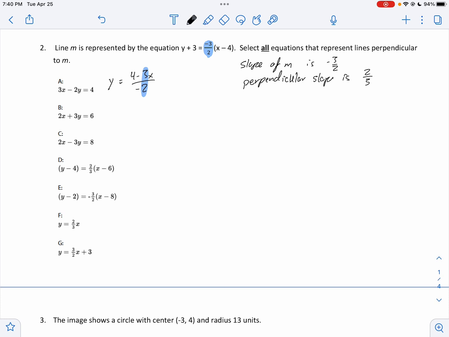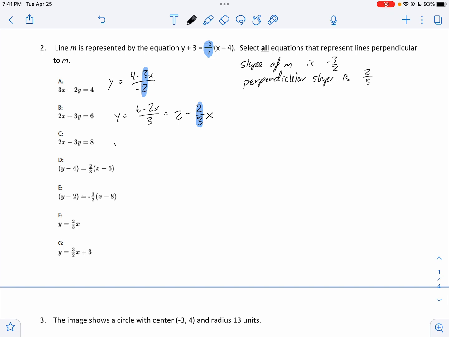If you look at B, and you solve for y, you're going to get (6 - 2x) over 3, which can be worked out to 2 - 2/3 x, and our slope is -2/3, which has the right magnitude but the wrong sign, so B is not perpendicular to M.